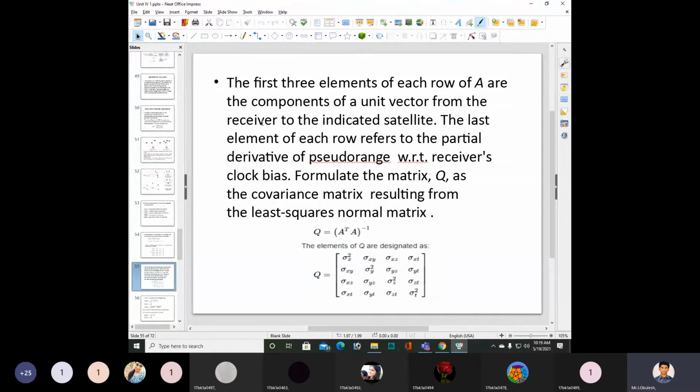Q is equal to sigma x square, sigma xy, sigma xz, sigma xt. Like that we need to get sigma xy, sigma y square, sigma yz, sigma yt. Next sigma xz, sigma yz, sigma z square, sigma zt.